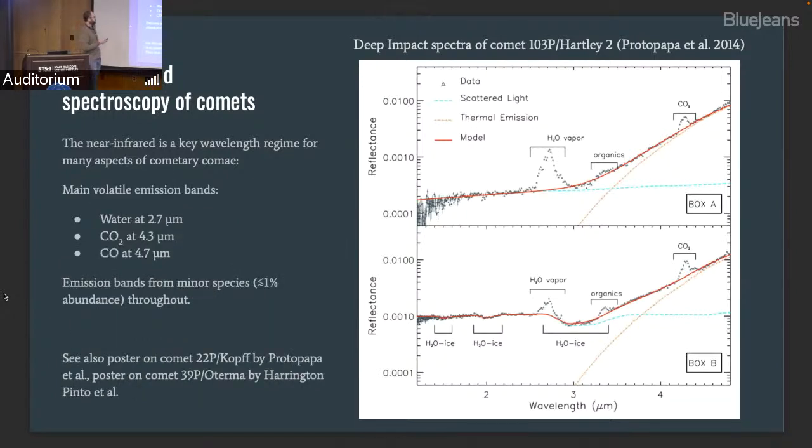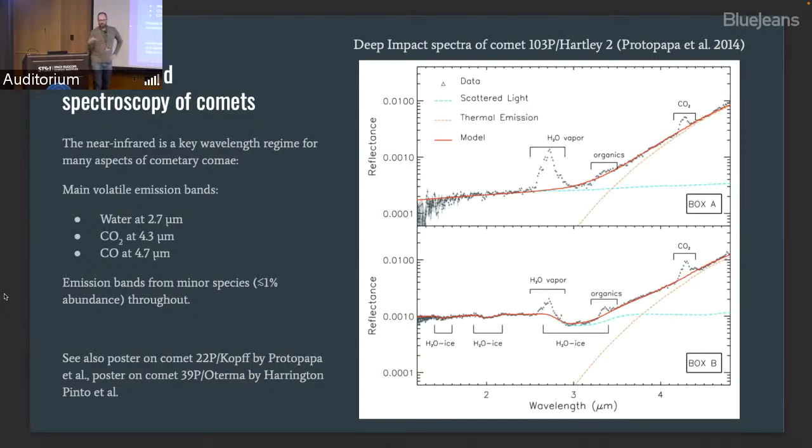But looking at the volatiles, the great thing about the near infrared is that the three most abundant volatiles in comets, water, carbon dioxide, and carbon monoxide, all have strong or relatively strong emission bands. The water is at 2.7 microns here in Hartley 2. You can see a nice band there, CO2 at 4.3, and carbon monoxide would be at 4.7.